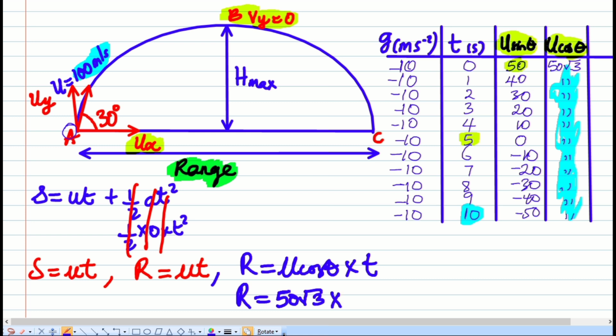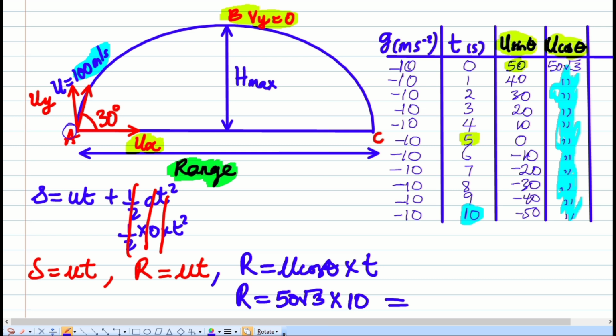Now, from the table, we already know the time. Because you see that the range is the horizontal distance from when the ball was projected to when it hit the ground again, so A to C, we're not going to use the time it took the body to get to the maximum height. Rather, we're going to use the total time, that's the time of flight, which is 10 in this case. So this will be our answer.